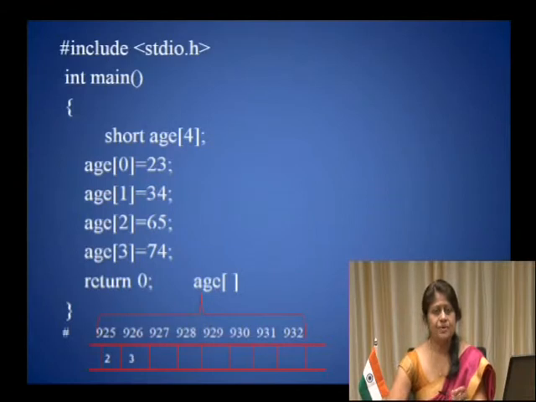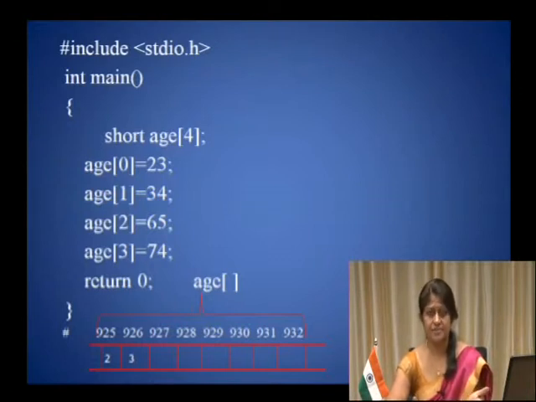Suppose I have to keep a record of 4 persons' age. Here I can have age as different variables, say age 1, age 2, age 3 for 4 different persons. But rather than having different variable names totally, I can always have a single variable name, and within it I could have the values differently.